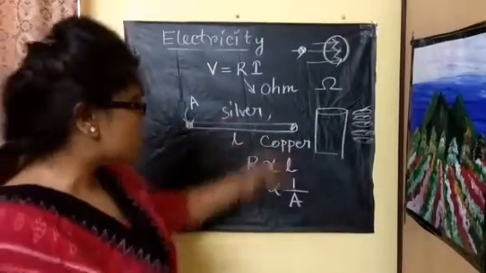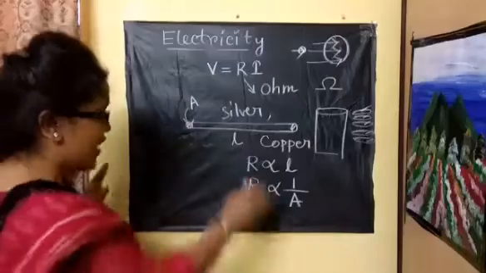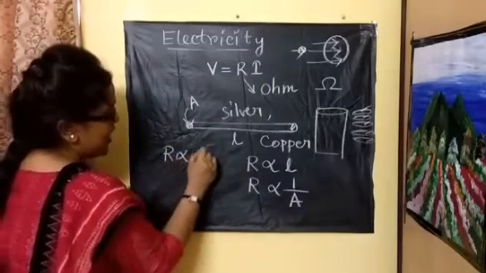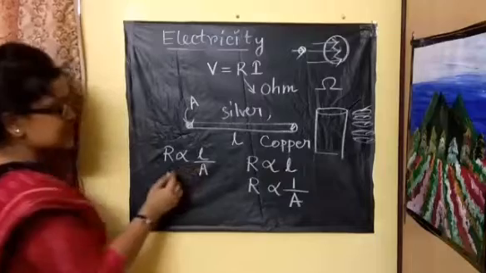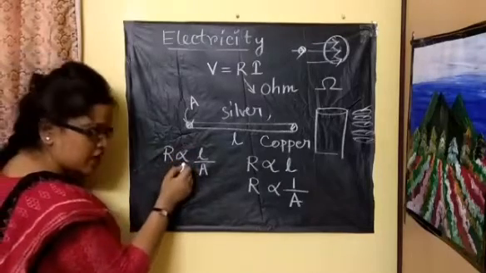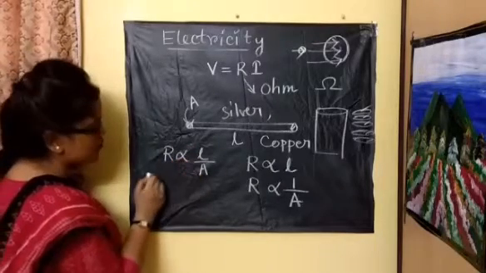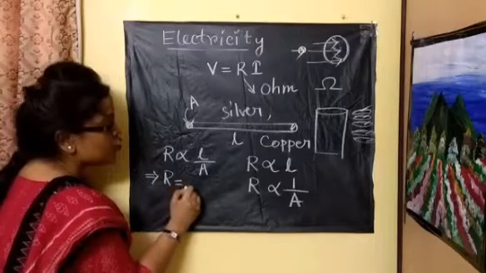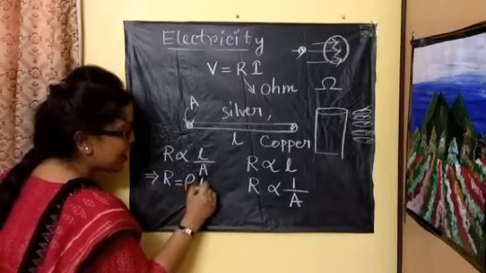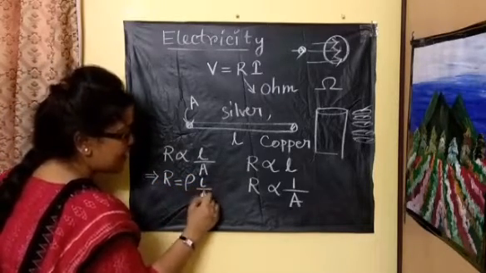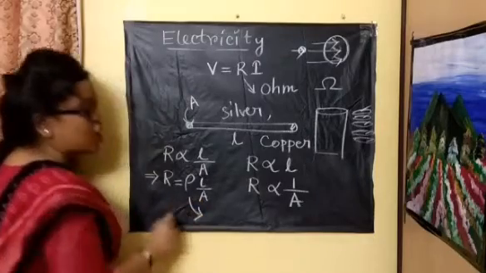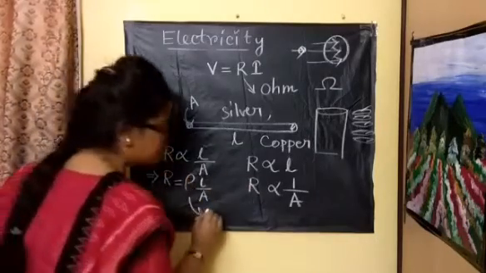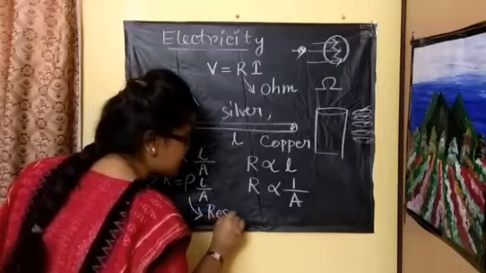So from these data, what can I write? I can write R is proportional to L by A. Since it is the variation sign, I need to eliminate the proportionality constant. So R equal to rho L by A. This rho is called the constant of proportionality, or its familiar name, resistivity.